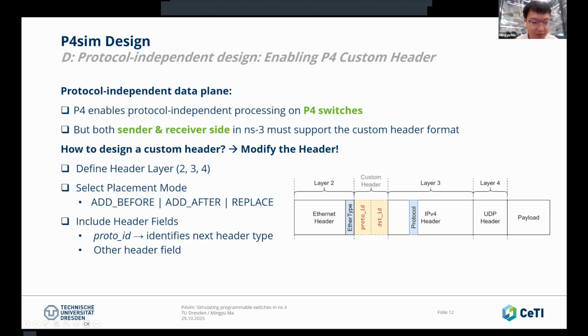After that, the host, like the sender or receiver, will insert the custom header into these different layers, and also receive it. All of this makes the sender and receiver side process the header correctly, and they can receive the packets and not have some bad effect on the upper layer.